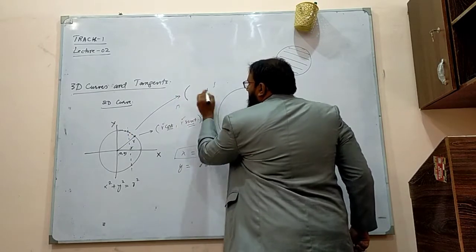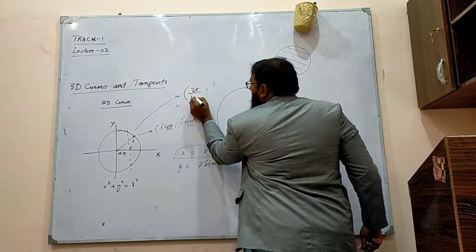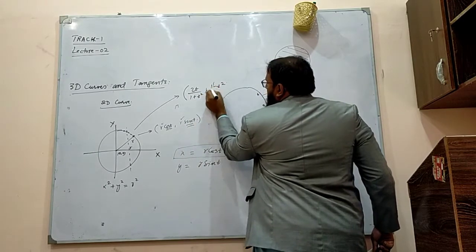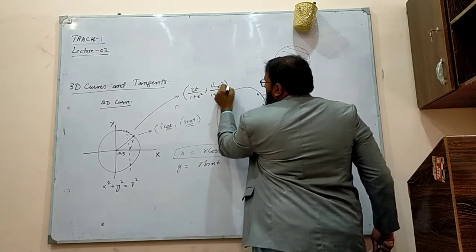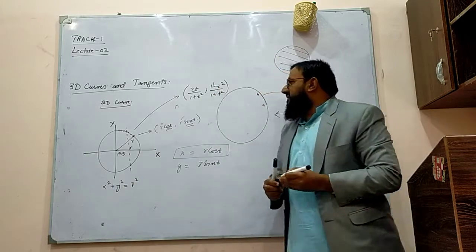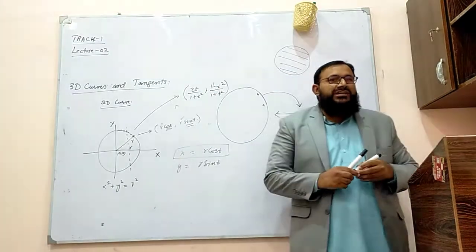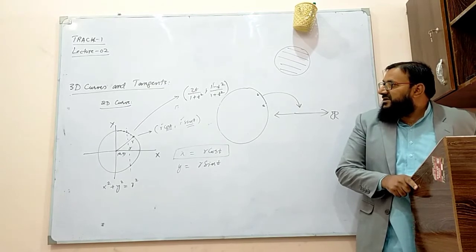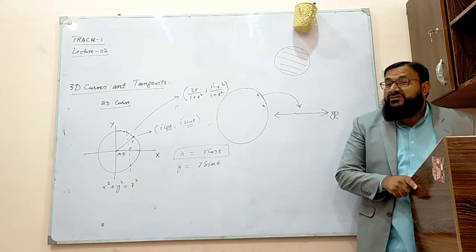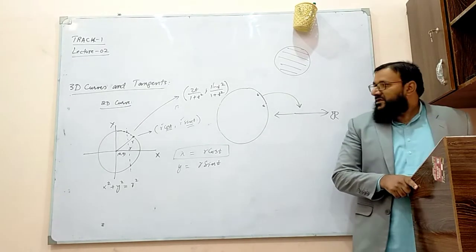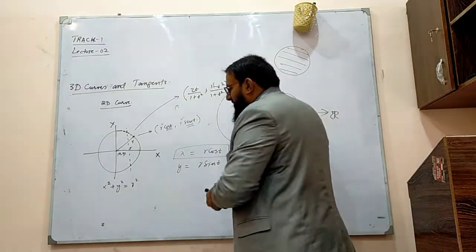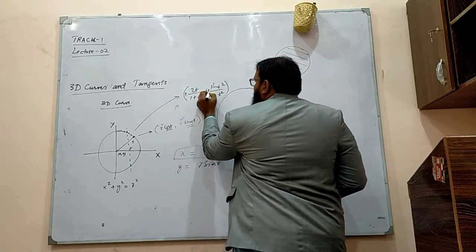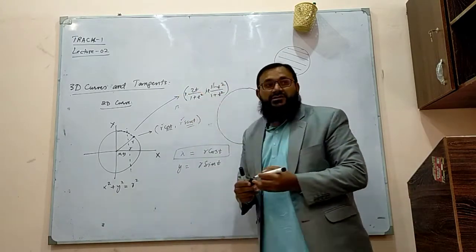I don't know exactly, but I am just going to recall. The x component is given by 2t divided by 1 plus t square, and the y component is given by 1 minus t square divided by 1 plus t square. And since the radius of the circle is r, I am just going to multiply both components by r.